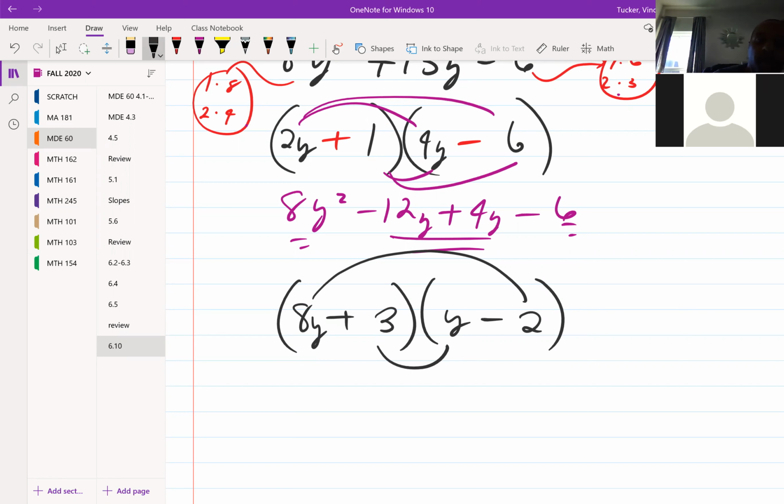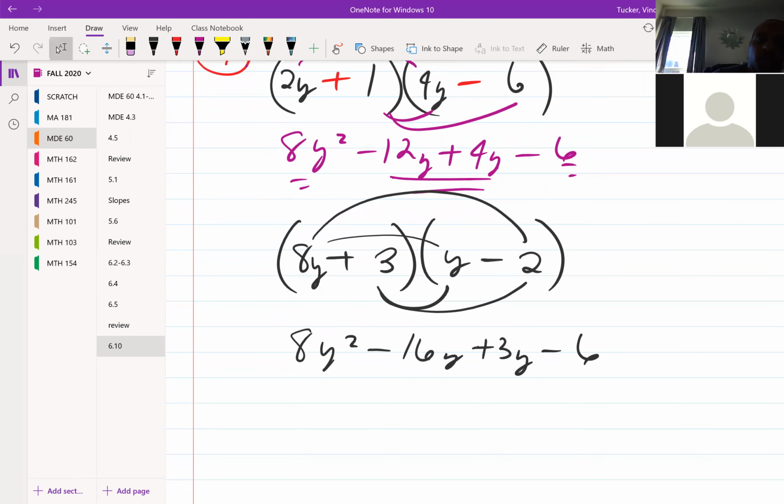So 8y times y is 8y squared. 8y times negative 2 is negative 16y. 3 times y is 3y. And then I have negative 6. Now when I combine my like terms in the middle, 8y squared minus 13y minus 6.